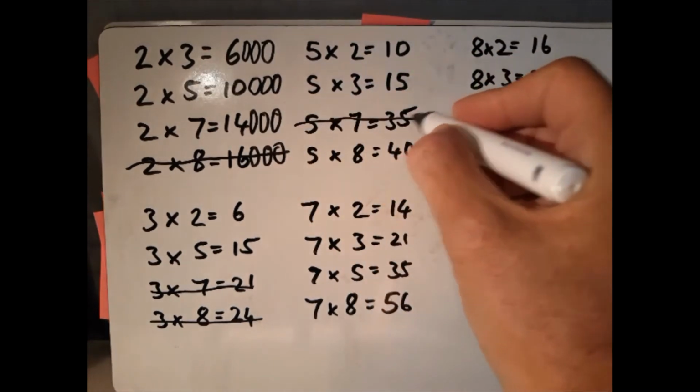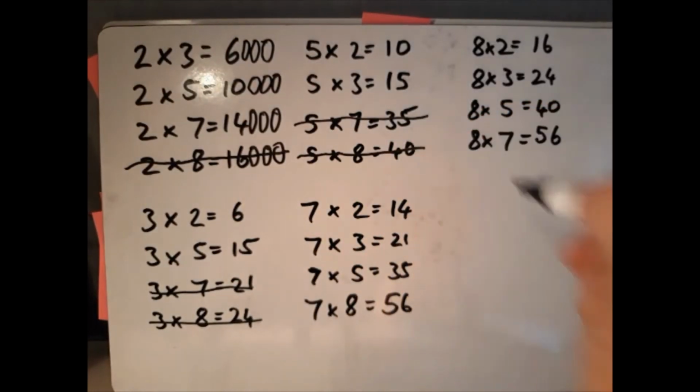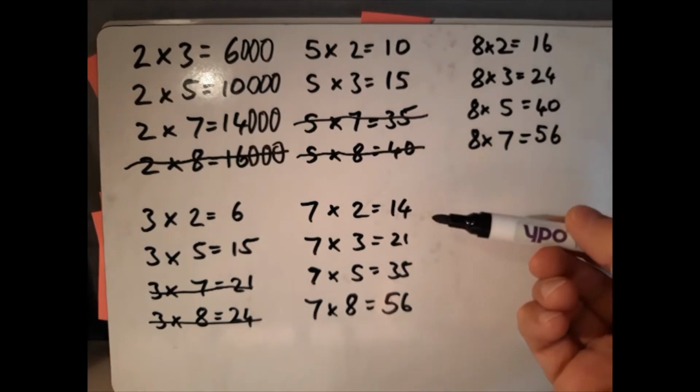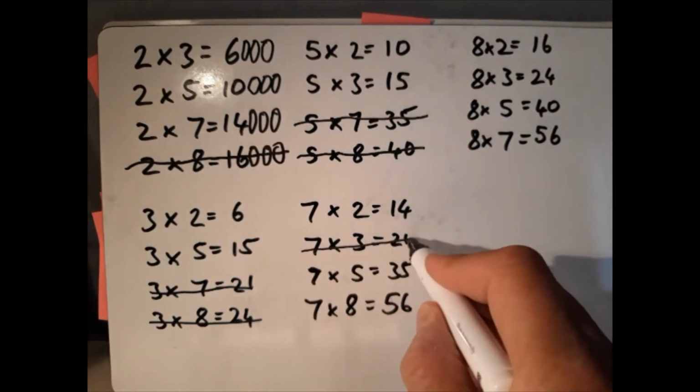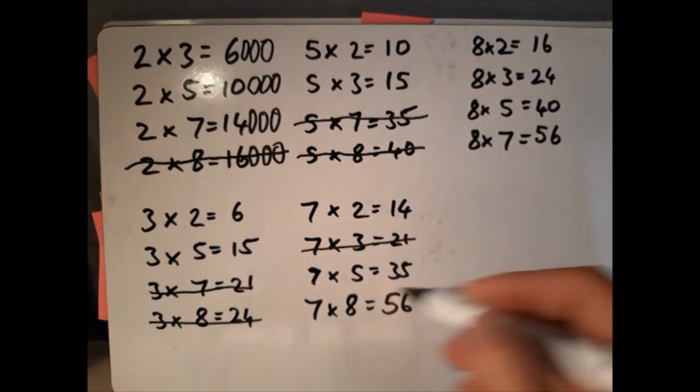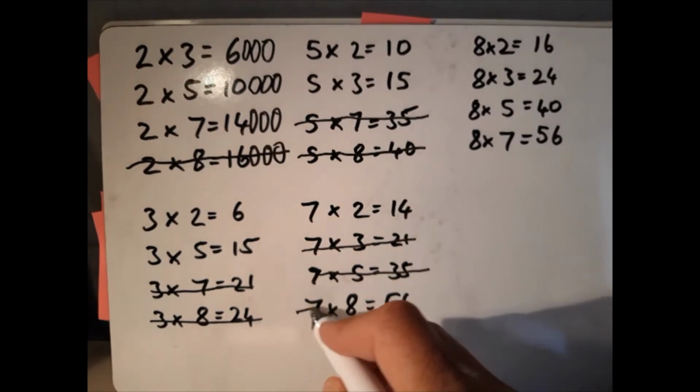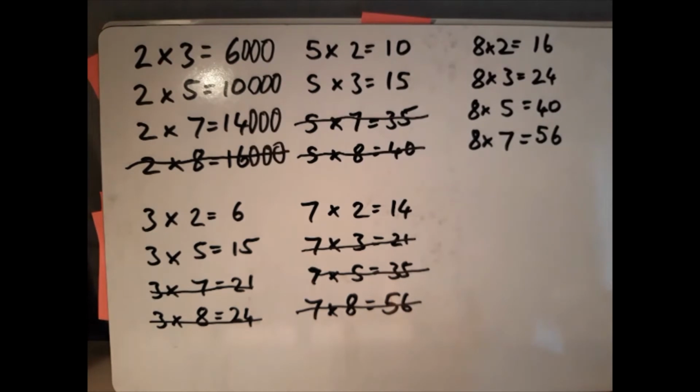So that one's going to end up too big, and that's even bigger, so that's going to end up too big. Coming down here for the same reasons, this one might be okay, but this one, 7 times 3 is 21, so that can be 21,000, 35,000, 56,000. So those are all going to be too big.